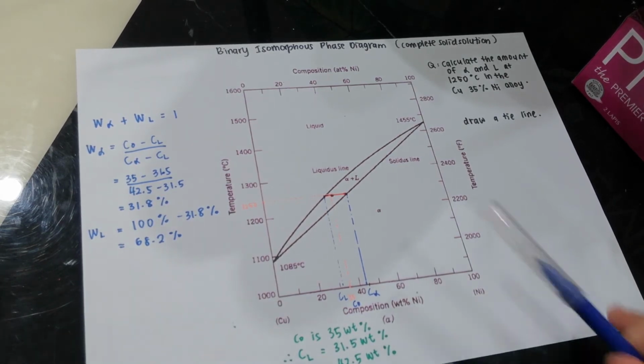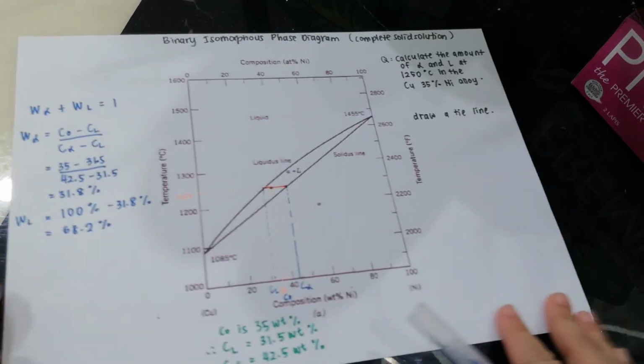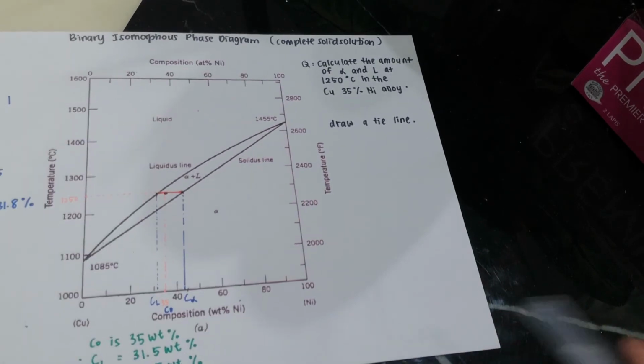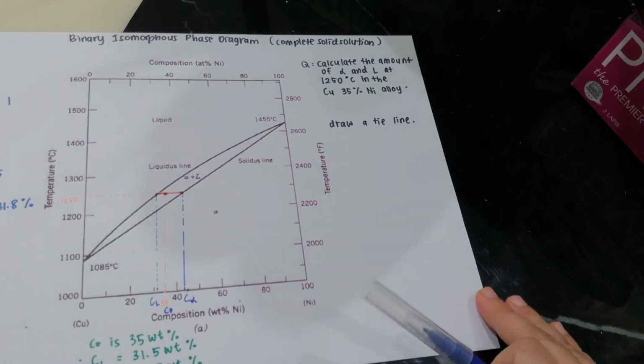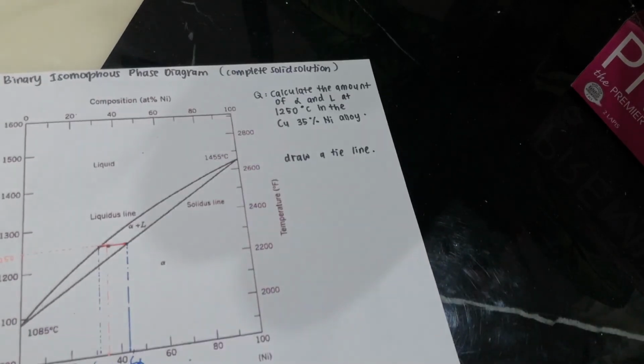So to summarize, the steps in order for us to get the weight% of solid and liquid here. We have 5 steps here.